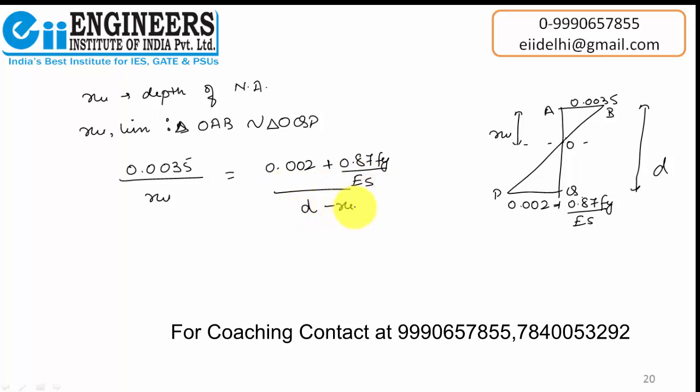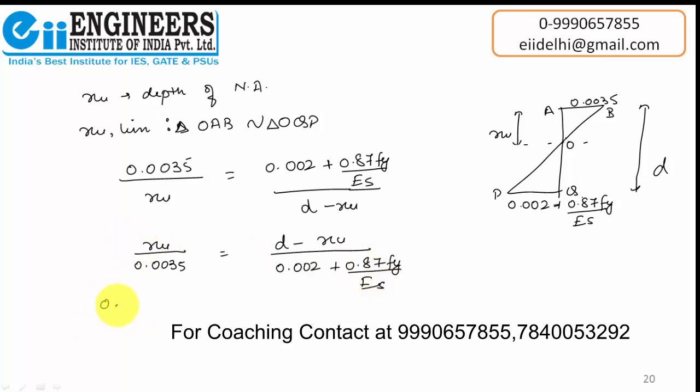Here we take d minus Xu. So if we reverse it, what will it become? 0.0035 equals d minus Xu upon 0.002 plus 0.87 Fy by Es.